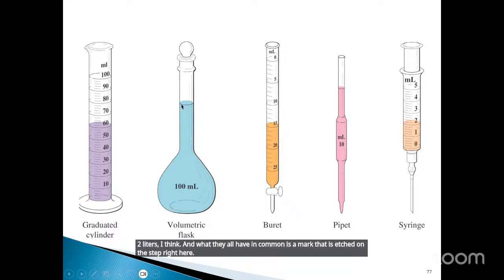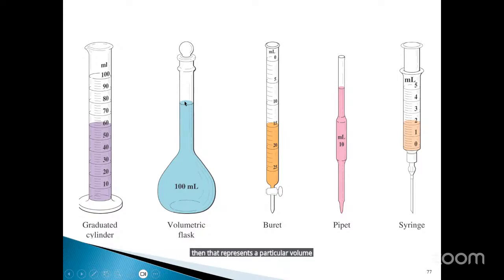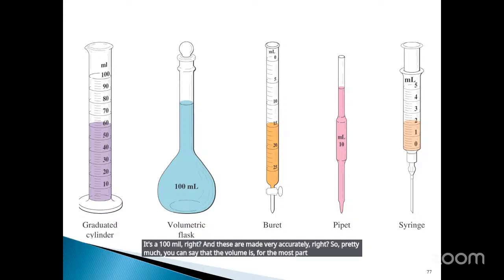So basically, if you add liquid up to that point, then that represents a particular volume. In this case, it's a 100 mil, right? And these are made very accurately, right? So pretty much you can say that the volume is, for the most part, 100.00 mils, all right?